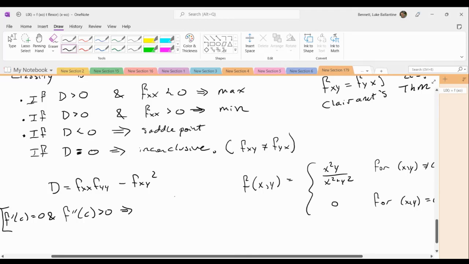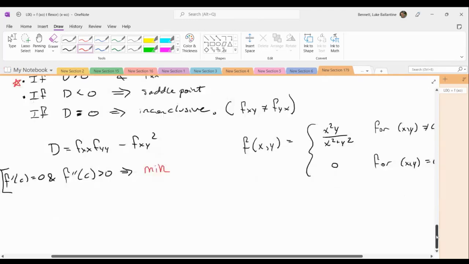You may not know from single variable calculus, but just look right here. If the second derivative is greater than 0, provided this D is greater than 0, but we don't have a D in this single variable case, then it's a min.